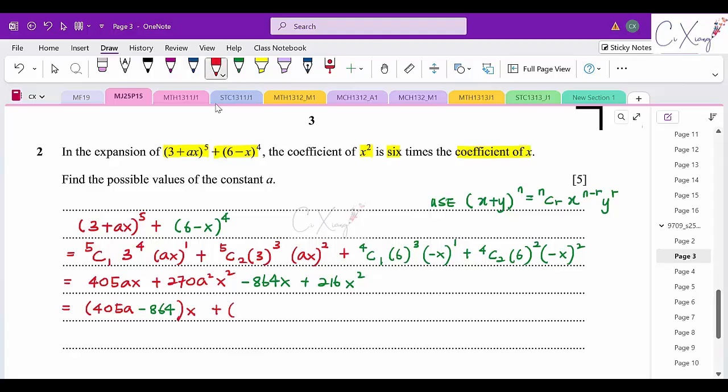Then for the x squared, I'll be having 270a squared, then plus 216, times x squared. And you can see that I factorize out the x squared. Okay, so the coefficient of x is this one. Coefficient of x squared will be this one.